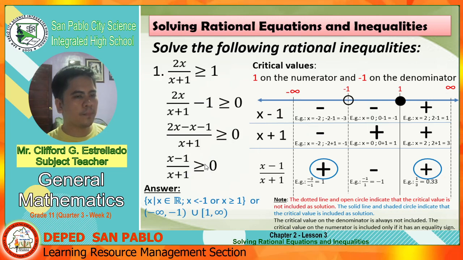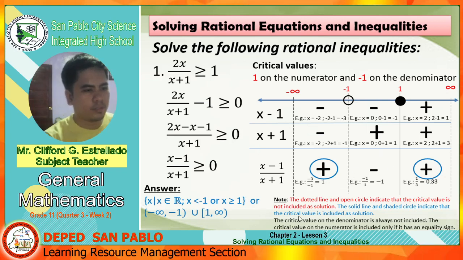Meaning, the signs that satisfy our rational expression x minus 1 over x plus 1 are positive values. And it is located on the regions from negative infinity to negative 1, and from 1 to positive infinity.